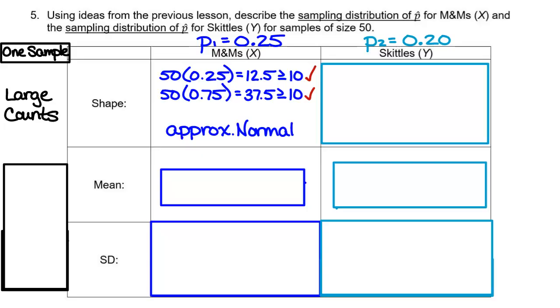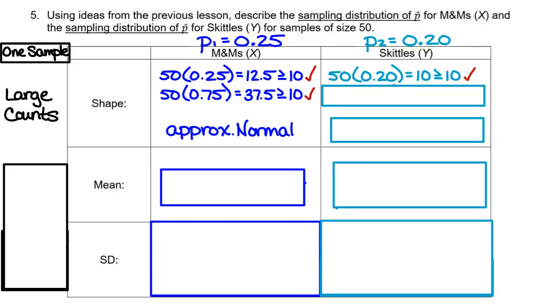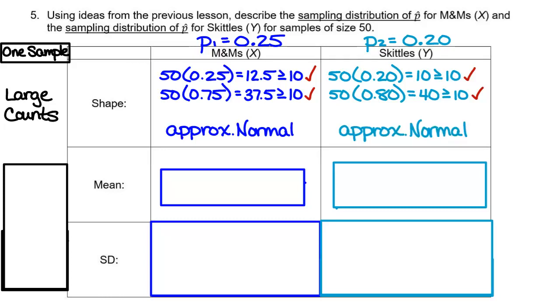Do we get large counts for Skittles? What is n times p there? 10 exactly. N times 1 minus p? 40. And so this would also be approximately normal. Perfect. How do we calculate the mean for p hat?